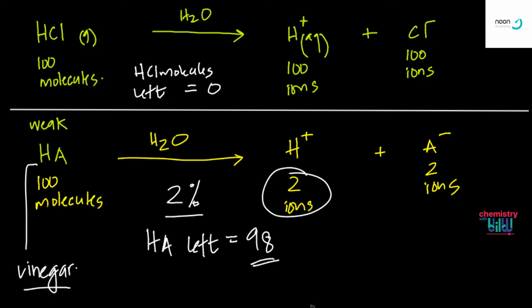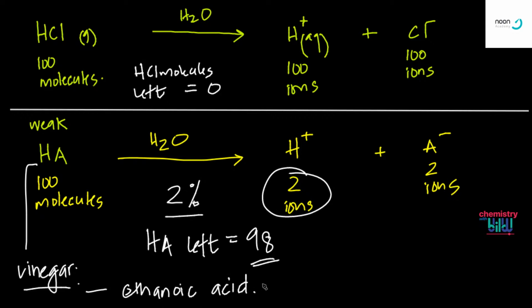You will not have to worry about even in A levels that there'll be a percentage. They won't even ask you for a percentage. Now when I said vinegar, the vinegar in the real world is called ethanoic acid. Now we haven't done organic chemistry, but we have done bonding.